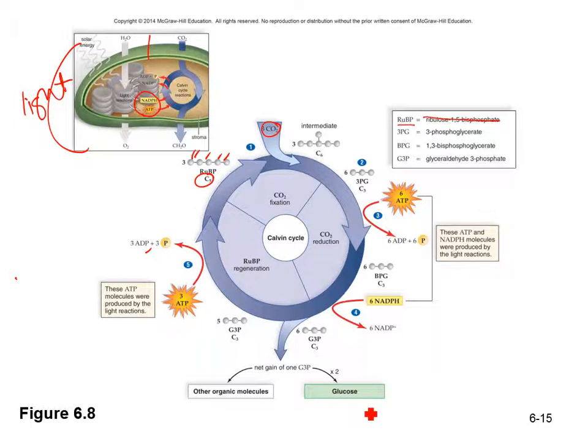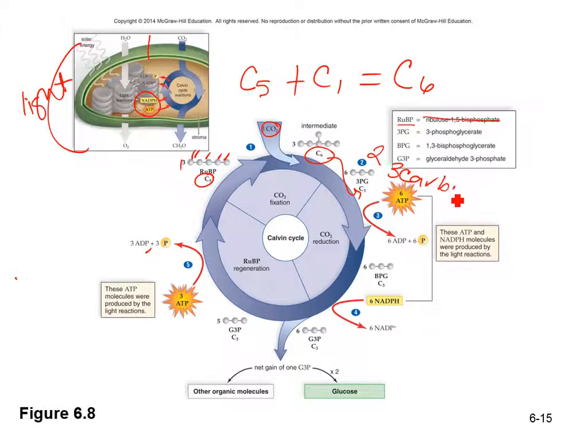But let's just focus on 1 for right now. So if I take 5 carbons and I add 1 carbon, I now have 6 carbons, right? So that's what this molecule is right here. It's a 6 carbon. And then we're going to split this 6 carbon into 2 3-carbon molecules. So now we have a 3 carbon.